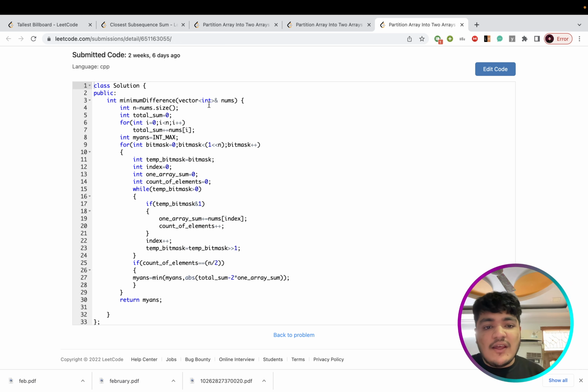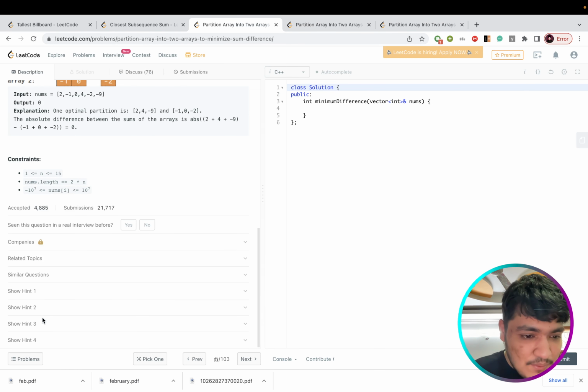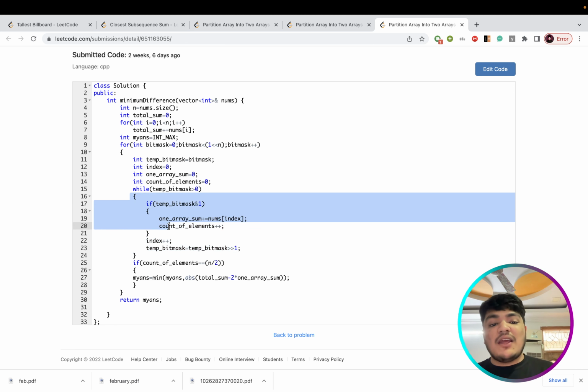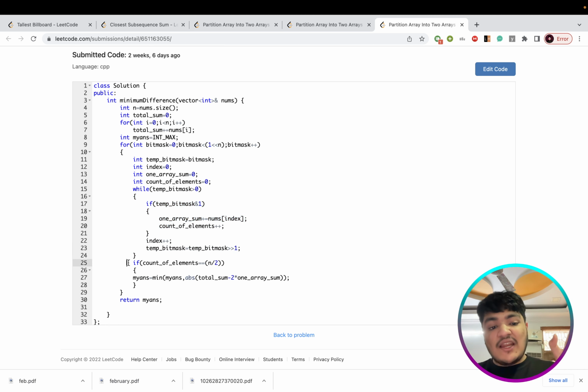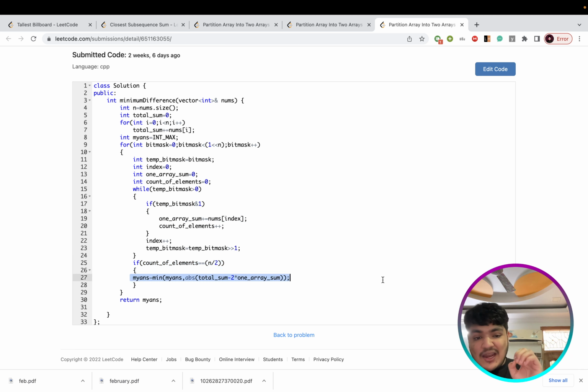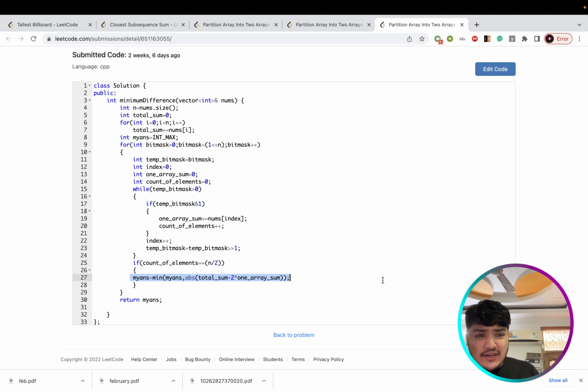So basically, I calculated this num size. As num size could be 30, 15 into 2, right? So I was iterating over all the bit masks, which is the conventional thing, and then for every bit mask I am calculating its sum, and I am checking if my count of elements is equal to n by 2, then I am doing total sum minus 2 into array sum, and I am calculating my minimum answer which is possible, and at last I am returning it.